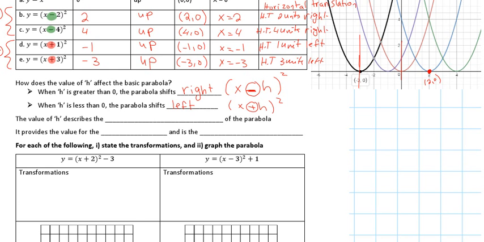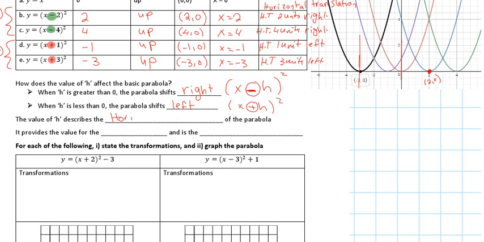The value of h describes the horizontal translation. And it provides the value for the axis of symmetry. And it is the x value of the vertex.